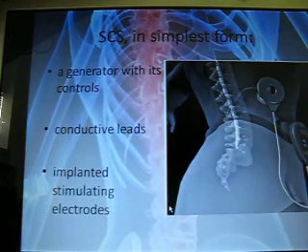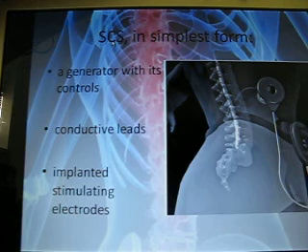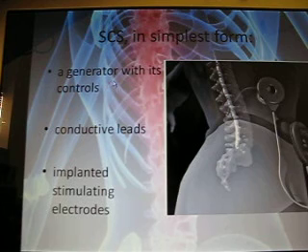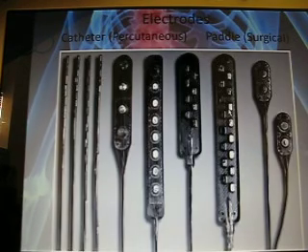And SCS, spinal cord stimulation, or SCS as I will call it from now on, comprises a generator which provides the electrical signals, the conductive leads, and the implantable stimulating electrodes. The electrodes come in two types: catheter or percutaneous types, and paddle or surgical types.